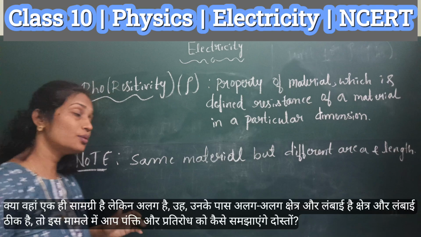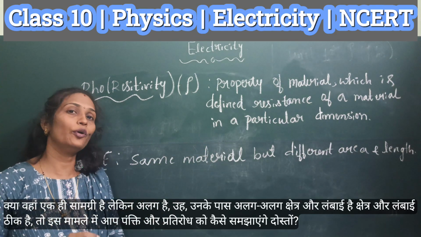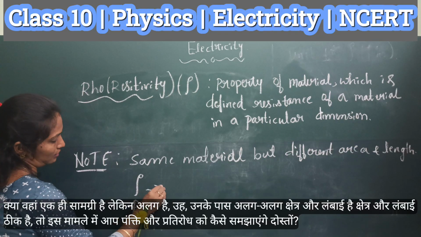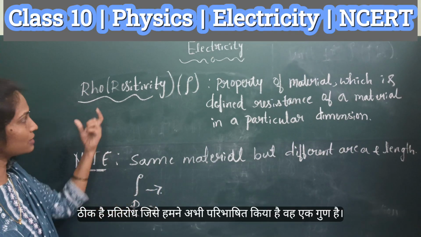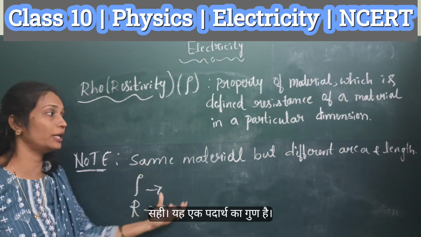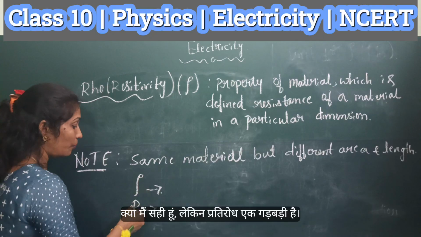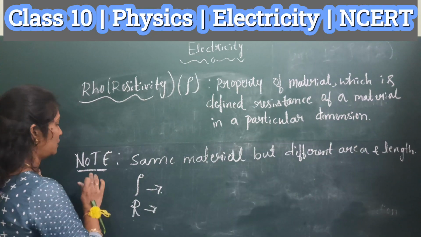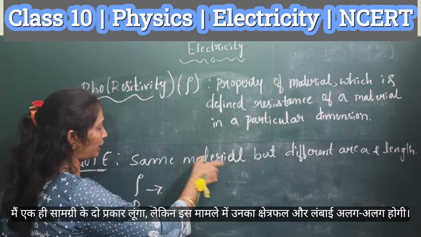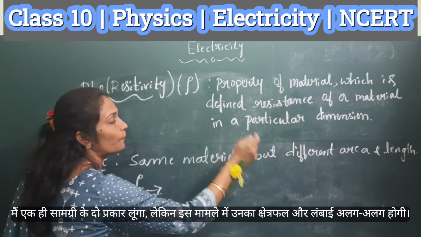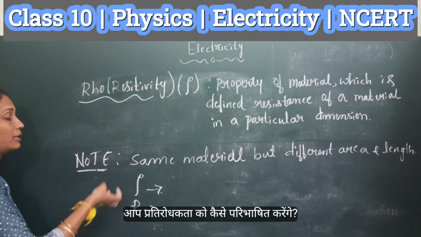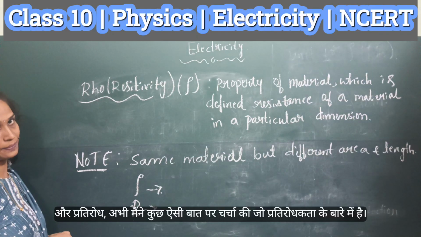In this case, how are you going to explain rho and resistance, guys? Resistance, what we defined just now, is a property of a material. Am I right? Take one note: I'll take two varieties of the same material, but they have different area and length. In this case, how are you going to define the resistivity and the resistance?